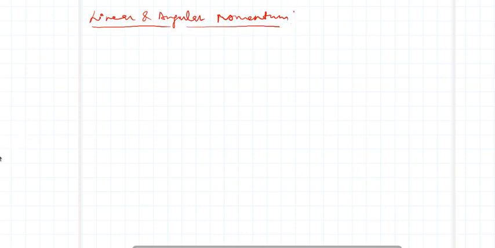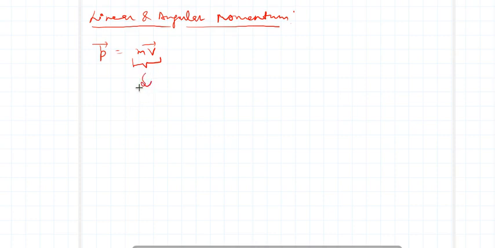So what is linear momentum? Generally we talk about linear momentum as represented by p, and it is simply the product of mass and velocity. But what does it mean, the product of mass and velocity?